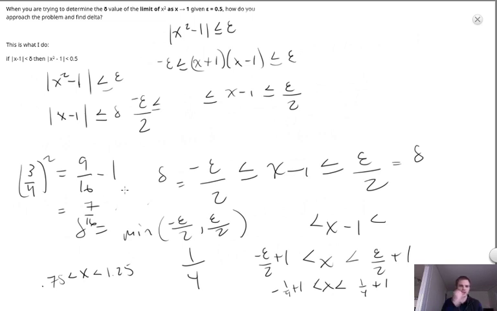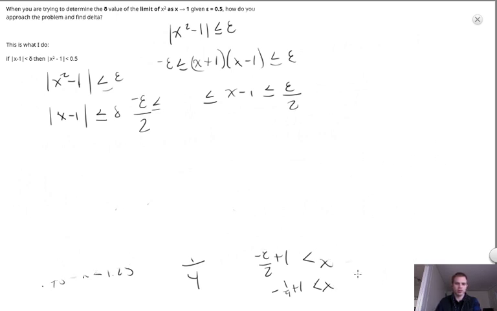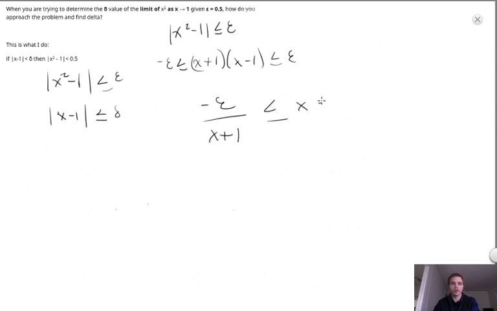So let's see the original one that I had. Delta would be... it obviously doesn't work. Originally what I was doing was starting from here and saying negative epsilon over x plus 1 is less than or equal to x minus 1, because that should be a positive number since it's approaching 2.